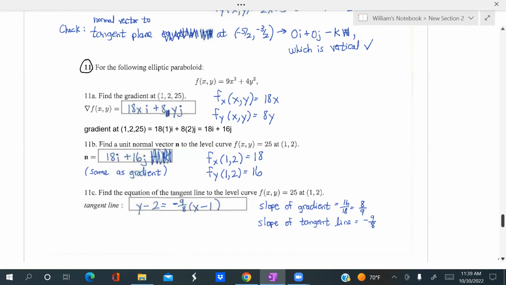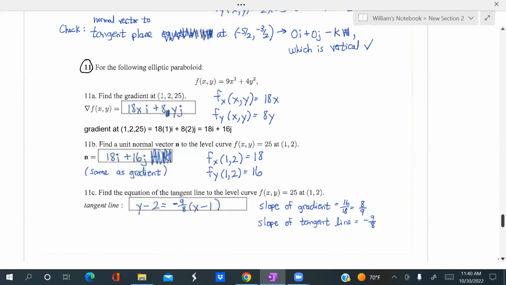But at this particular point, just plug 1 in for x and 2 in for y, and you'll get 18i plus 16j. So there's the specific gradient at this point. So apparently, when you move in this direction, in the xy plane, from the input 1, 2, that will be the direction of maximum slope.